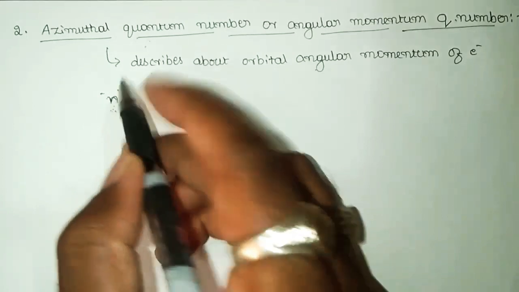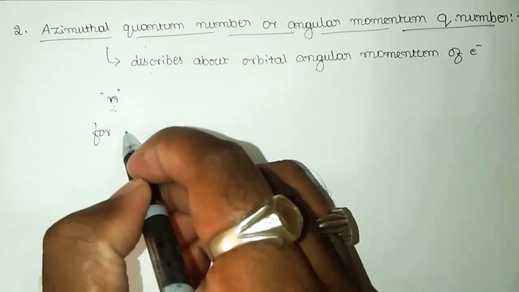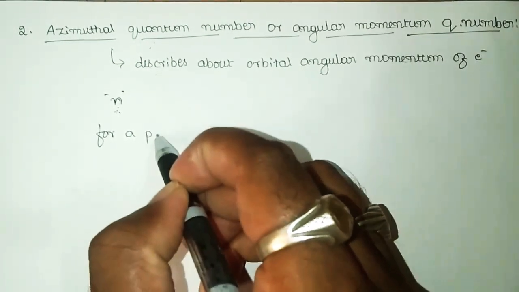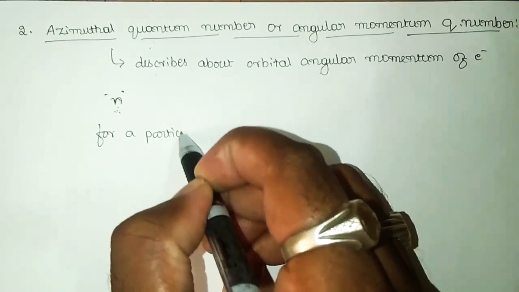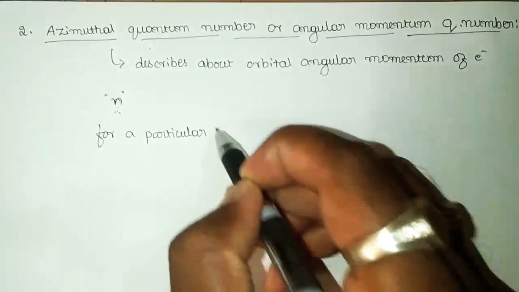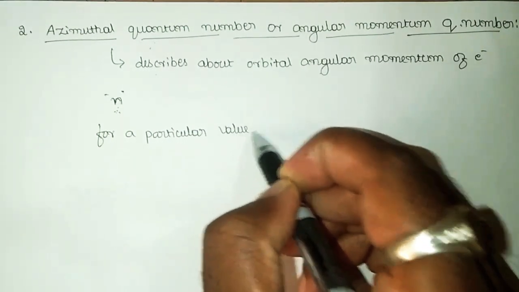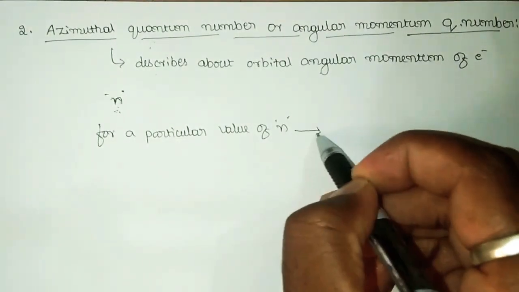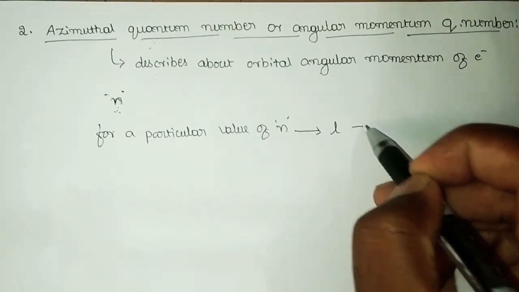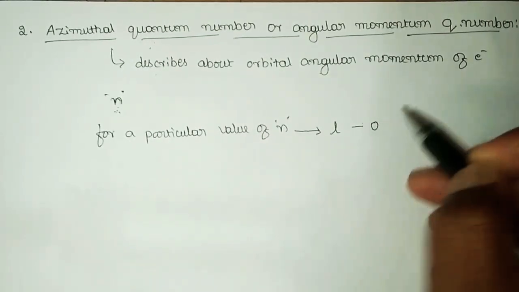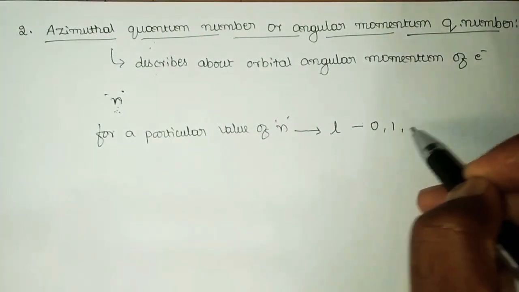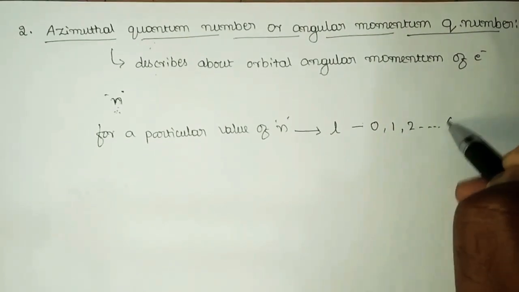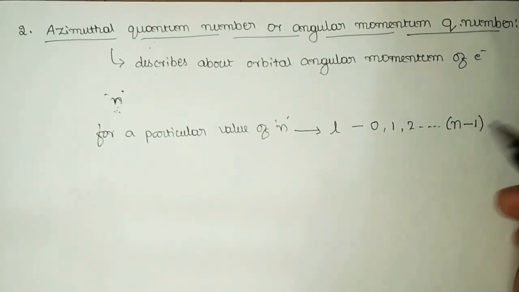For a particular value of n, L can take the values starting from 0, 1, 2, and so on up to n minus 1.